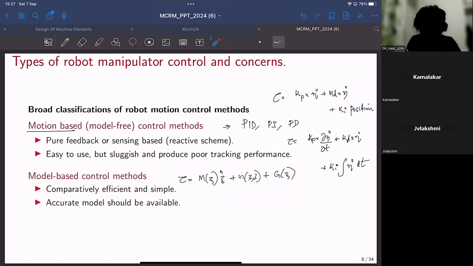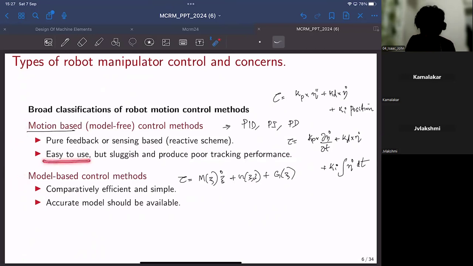The drawback is that an accurate model should be available, one as close as possible to the real system. Otherwise, tracking or converging to a desired trajectory will not really be possible. So those are the standout points for motion-based and model-based control schemes.